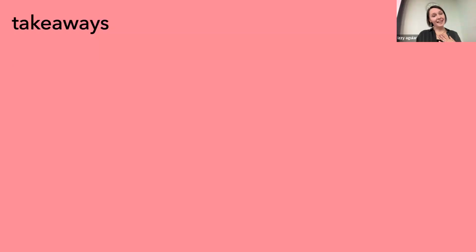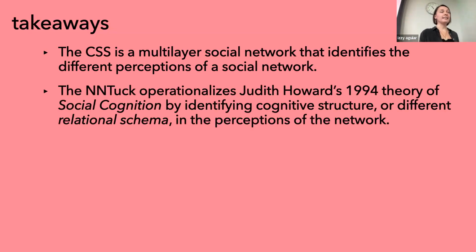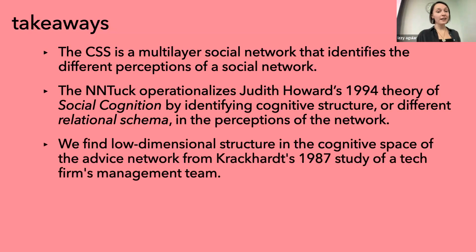So broad takeaways, we viewed the cognitive social structure as a multi-layer social network that identifies different perceptions of a social network. The tool we proposed using the non-negative Tucker decomposition operationalizes Judith Howard's 1994 theory of social cognition by identifying cognitive structure or different relational schema in perceptions of the network.